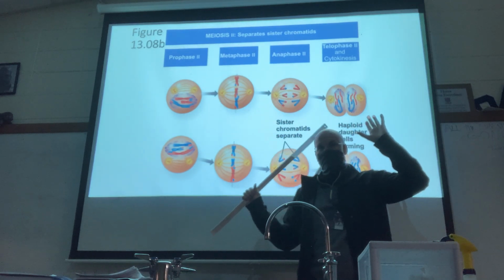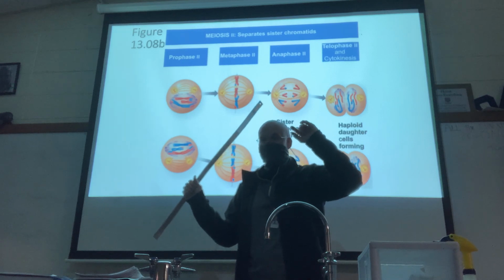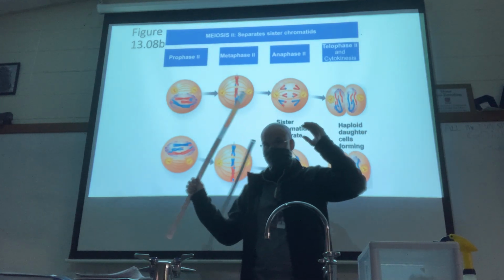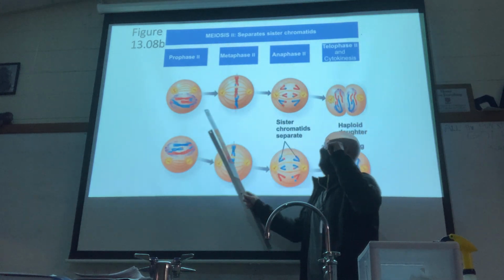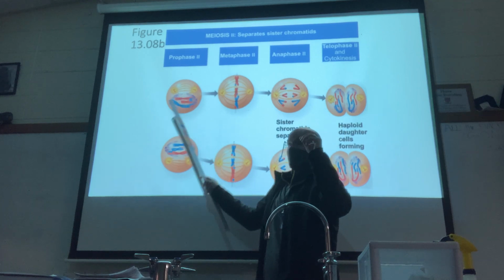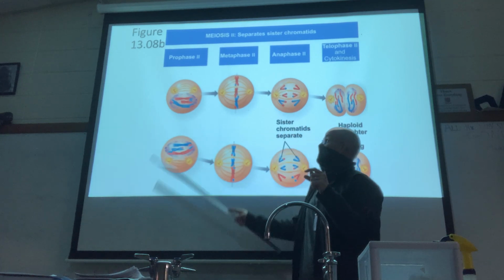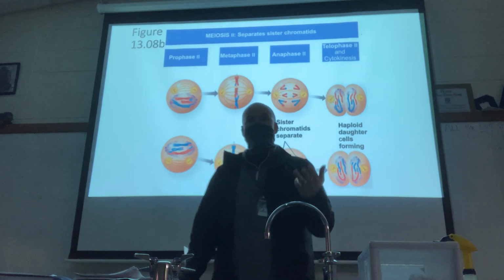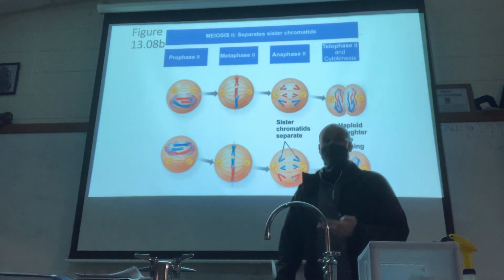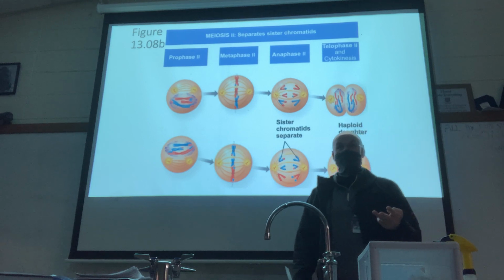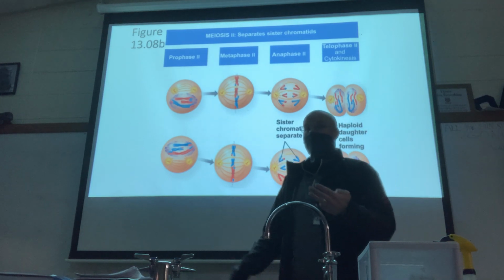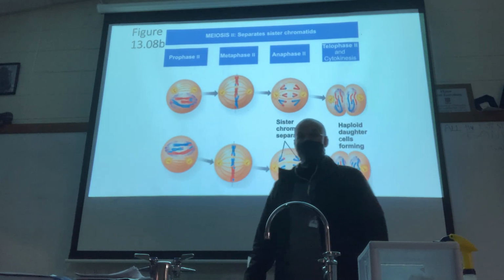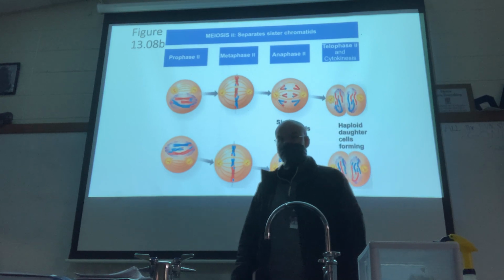They actually become longer and thinner, and you can't see them with a light microscope at the end of telophase 1. But they're going to condense back down, become shorter and thicker. The nucleus is going to go away, and the spindle fibers show up. Those are the exact things you wrote for prophase 1, and it's happening in prophase 2 again.